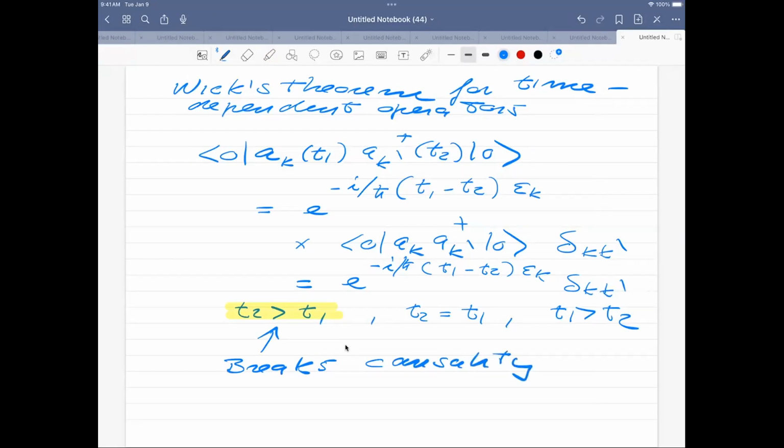Because if we have t1 less than t2, that means that we annihilate a particle before we have created it.